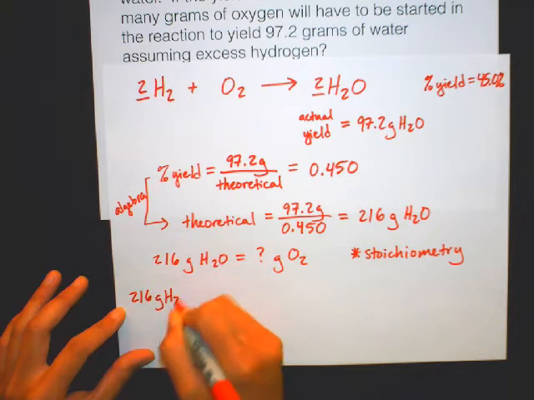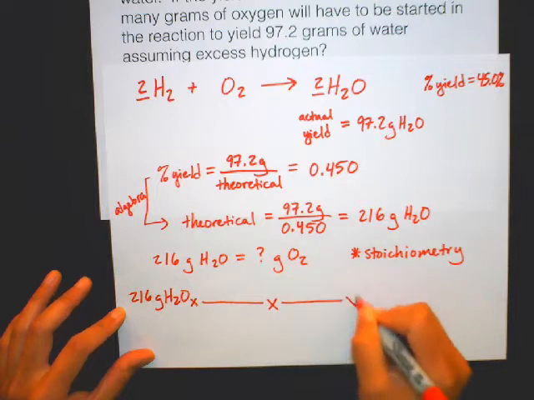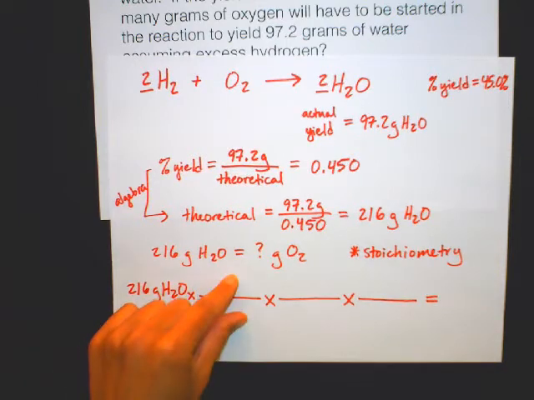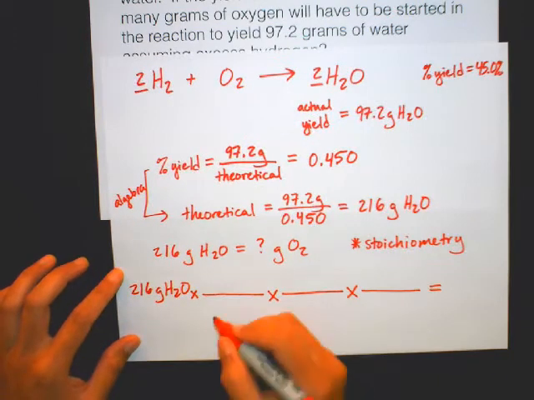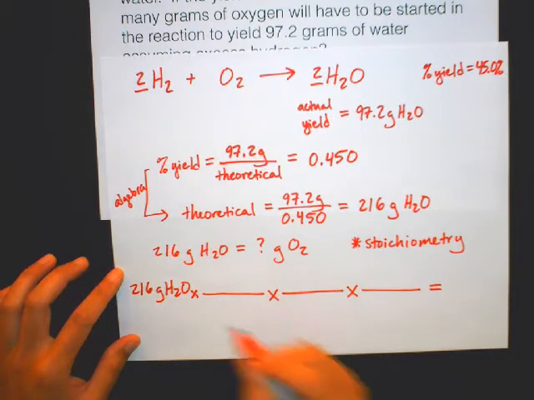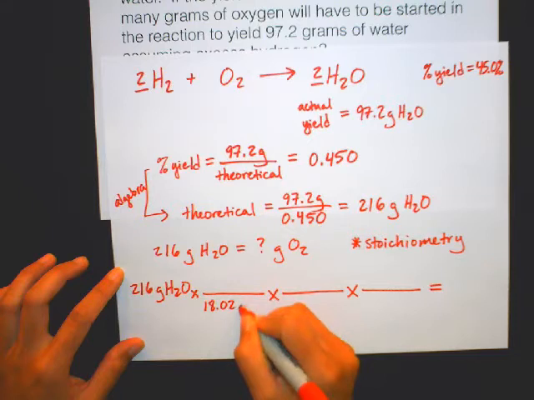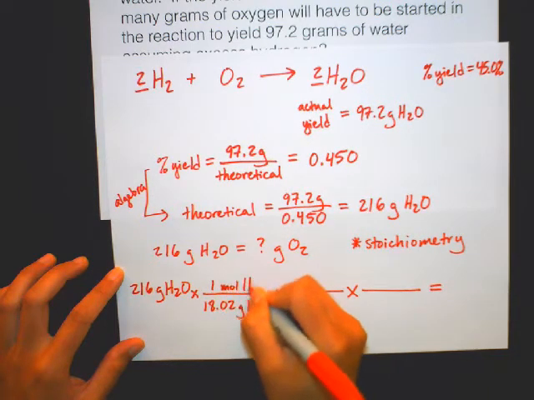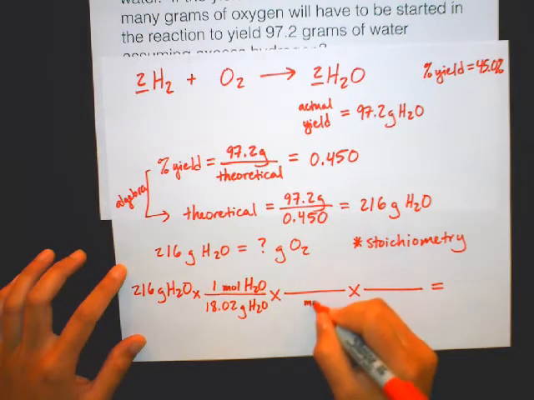So now we're doing a mass-to-mass conversion, converting water to oxygen. So mass to mass, everyone's favorite. Need 3 conversions. So it's going to be molar mass, mole ratio, molar mass. Right. What is the molar mass of water?